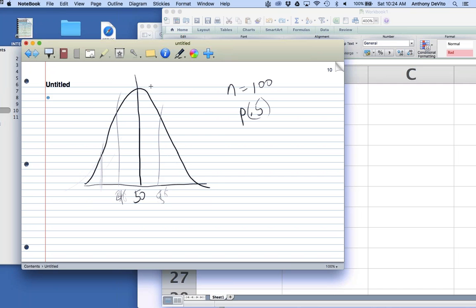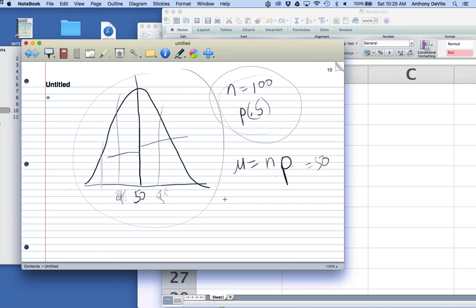So now I could actually describe this coin toss experiment as being kind of a normal distribution. Half the time I'm going to be above 50 heads, half the time I'm going to be below 50 heads. In this case, I can approximate the nature of this distribution by saying the mean is going to be equal to n times p. p is the probability of getting that outcome, which is 50%. 100 times 50% is 50.